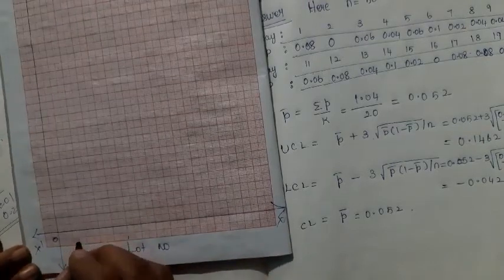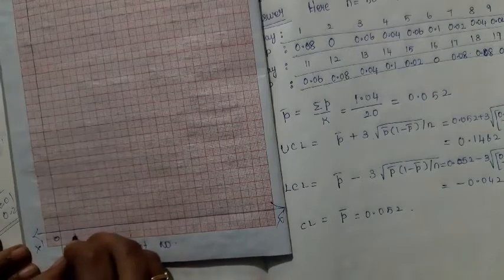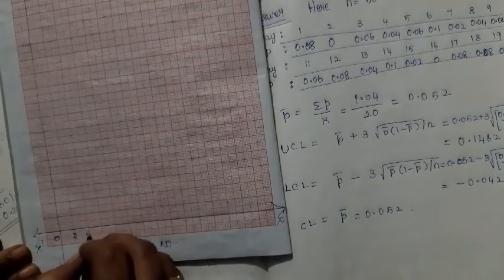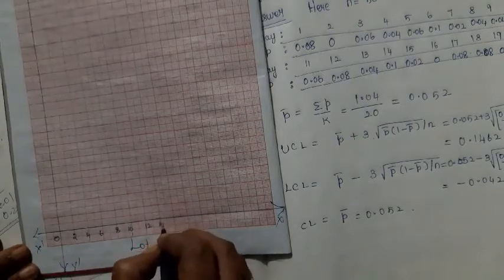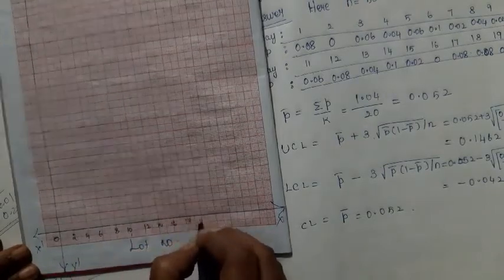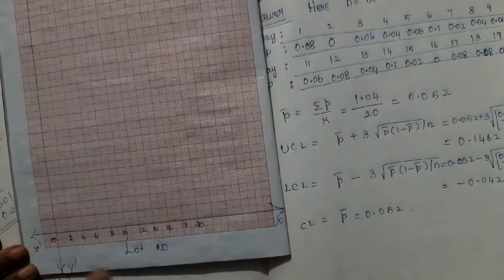The lot numbers are from 1 to 20, so let me have 2, 4, 6, 8, up to 20, so that I can accommodate all the numbers.